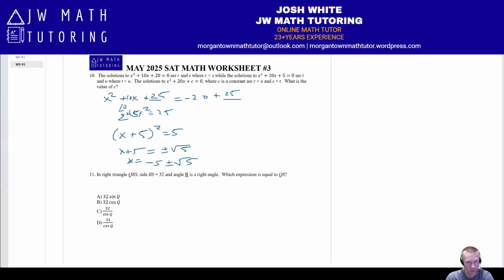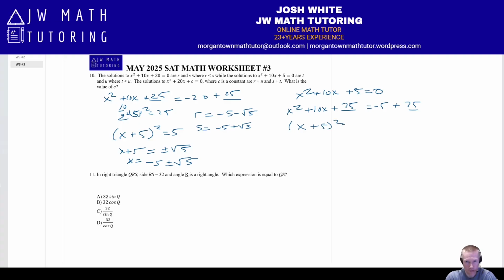Those are the two answers to the first equation. R is less than S. That means that R is negative 5 minus root 5, and S is negative 5 plus square root 5. Okay, now let's repeat the same thing for the second equation. So it's going to be x squared plus 10x plus blank. We already know it's going to be 25, negative 5 plus 25.